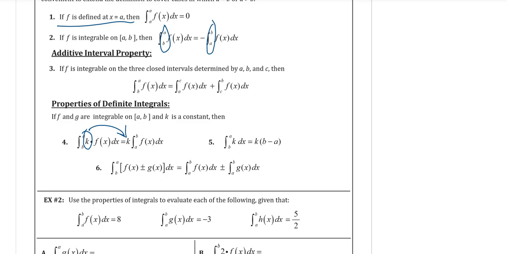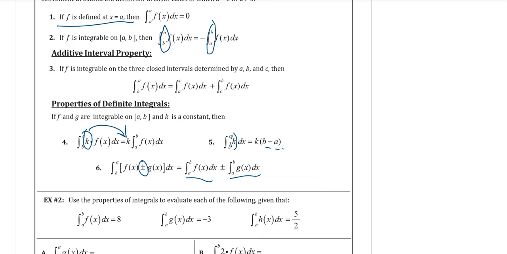The next one is if we just integrate a constant, this is just going to become k times the difference of our limits of integration. And then finally, if you're integrating several functions that are being added or subtracted, you can do the integration separately for each function and then either add or subtract them.